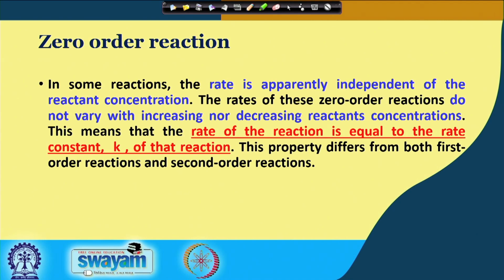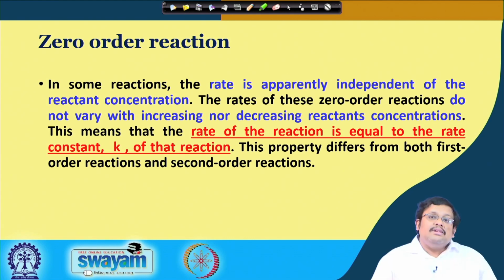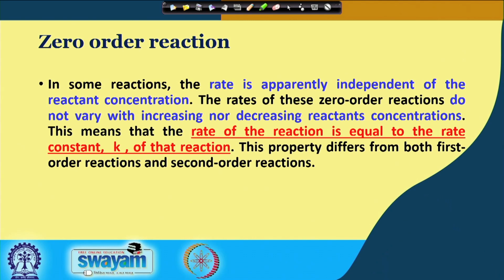So, in other words, the rate of this reaction is equal to the rate constant K of the reaction, and this property you can see differs from both first order reaction and second order reaction, where the rate is dependent on the reactant concentrations.